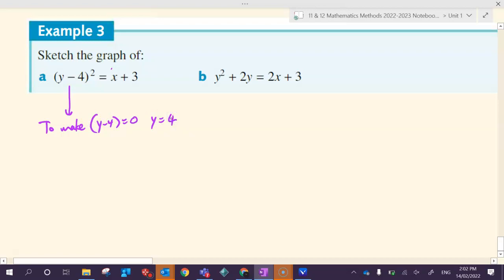I could think about it that way, or I could just say the translation is 4 units, and it's the y value that's moving, so it's up.